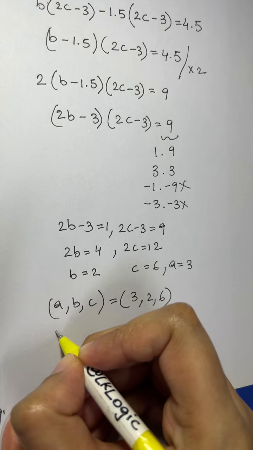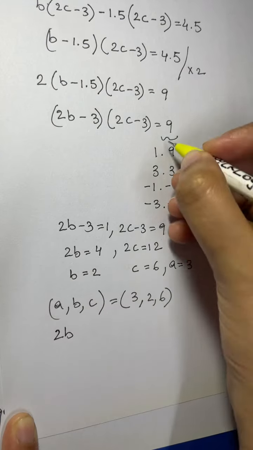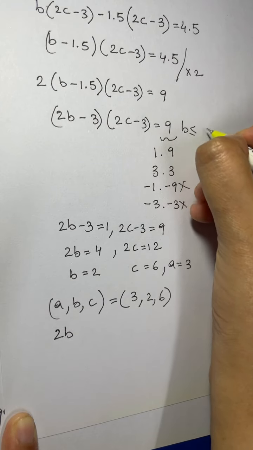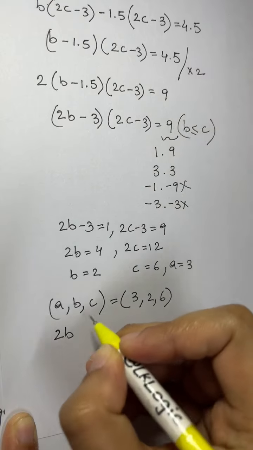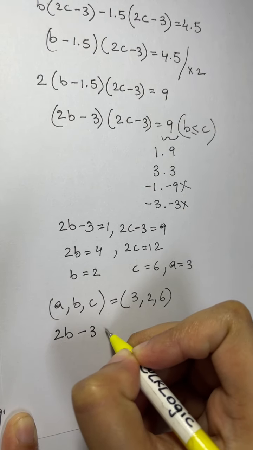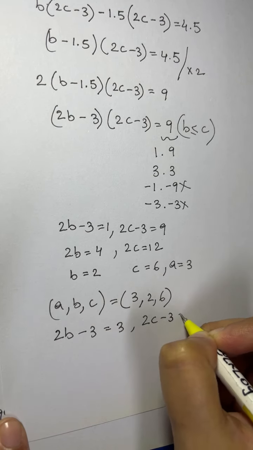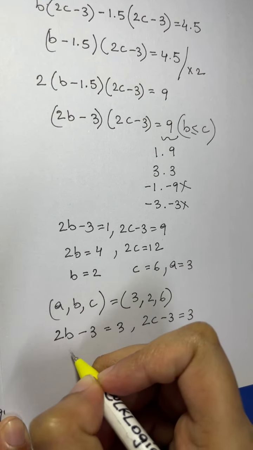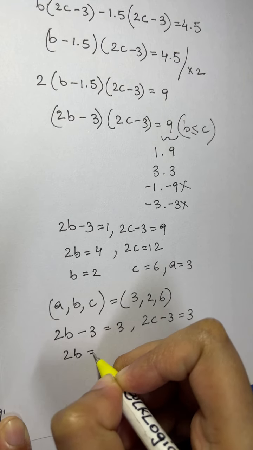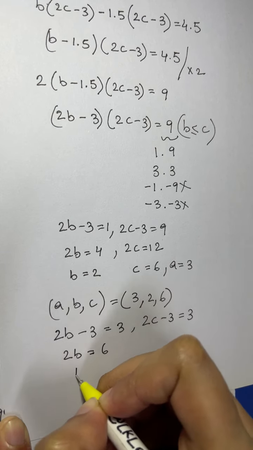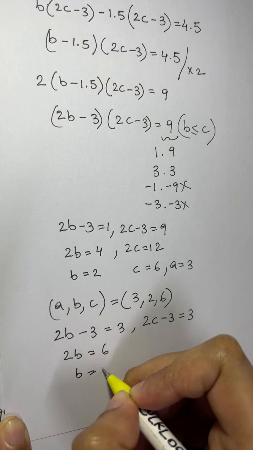Now another condition, where B is less than or equal to C: 2B minus 3 is equal to 3 and 2C minus 3 is equal to 3. So 2B equals 3 plus 3, that's 6, and B is equal to 6 divided by 2, that's 3.